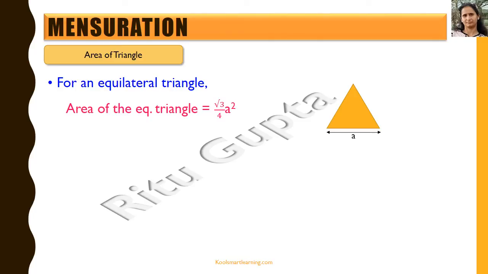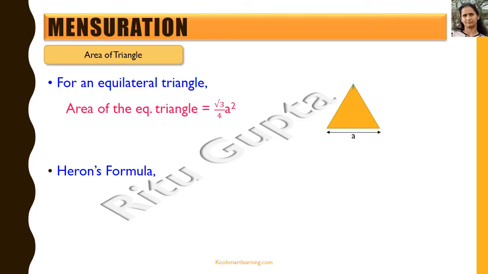So if we take an equilateral triangle with the side A, the area is given by root 3 by 4 into A square. So we can also see how we come to this.